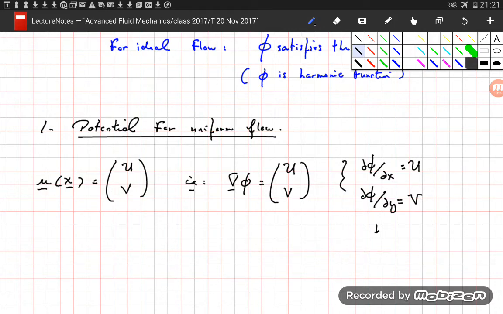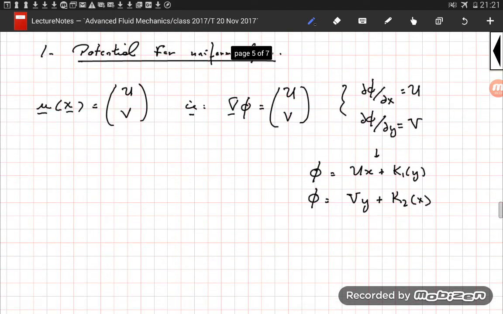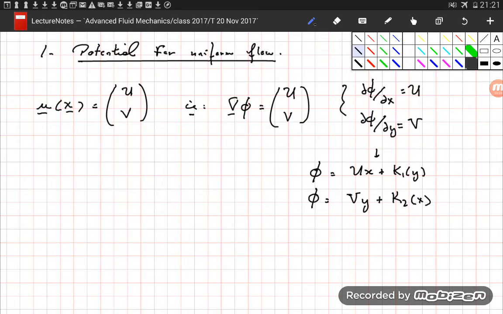When I integrate the first one at constant y, I get phi is equal to ux plus an unknown function of y. And when I integrate the second one, I get that phi is equal to v times y plus an unknown function of x.